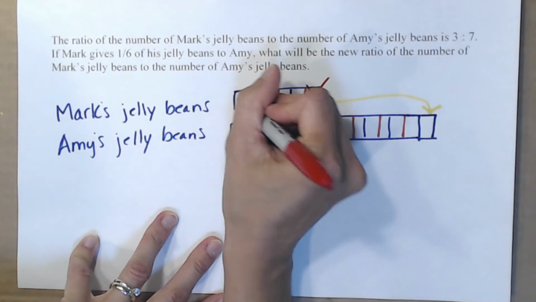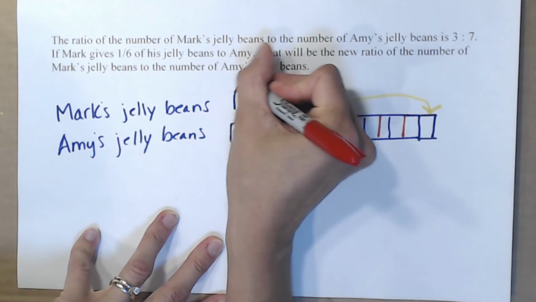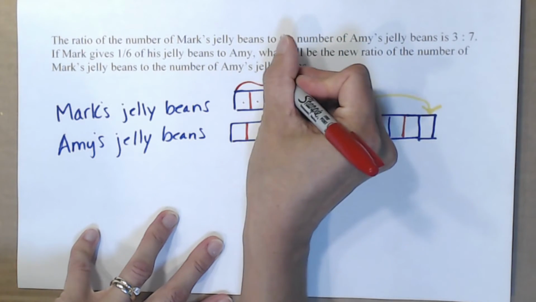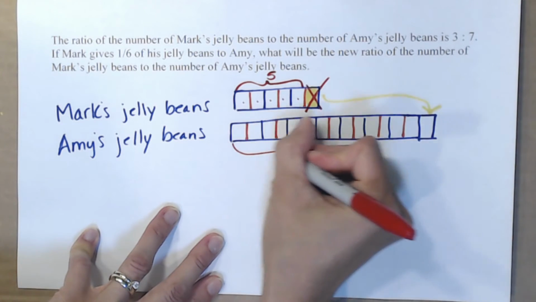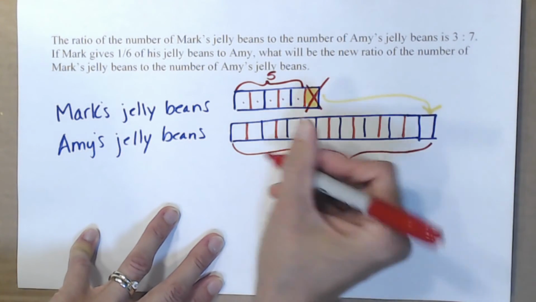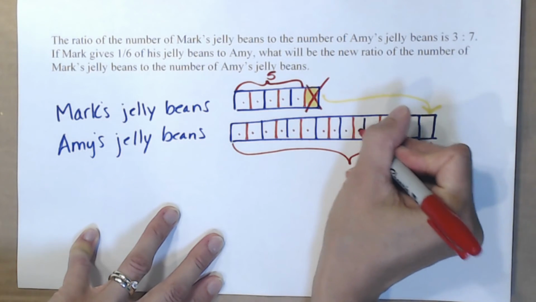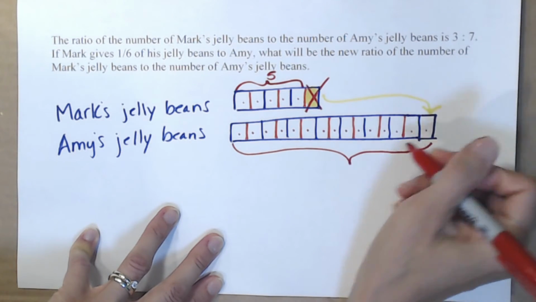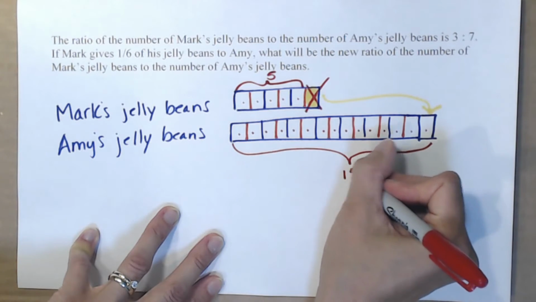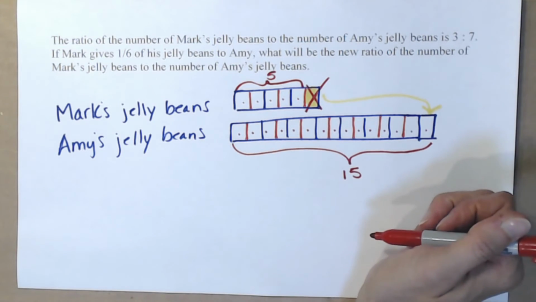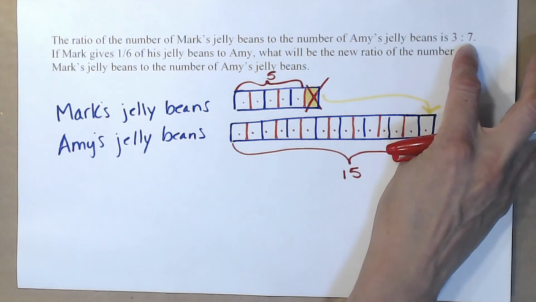So Mark has 1, 2, 3, 4, 5 parts. To Amy's, how many parts? Let's count. 1, 2, 3, 4, 5, 6, 7, 8, 9, 10, 11, 12, 13, 14, 15 parts. And again, I probably wouldn't have had to count it like that because Amy had 7 parts to begin with.